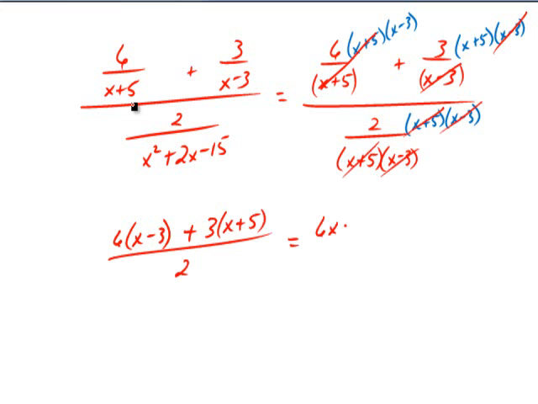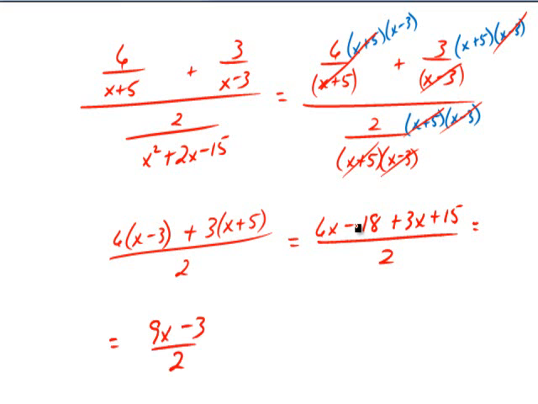If I distribute 6 throughout the first set of parentheses, and 3 throughout the second set of parentheses, and simplify, I get 9x minus 3 all over 2.